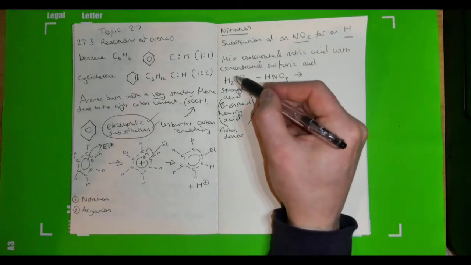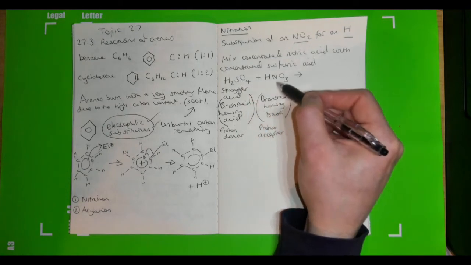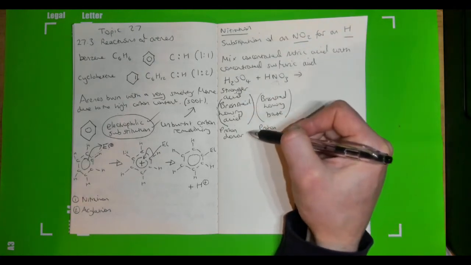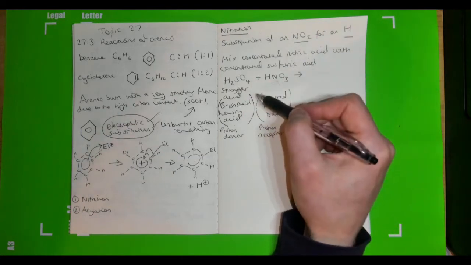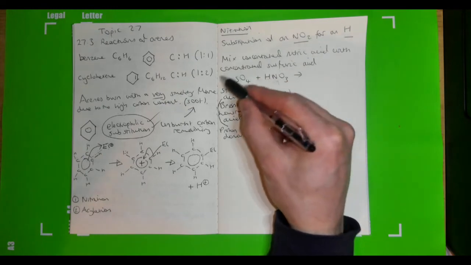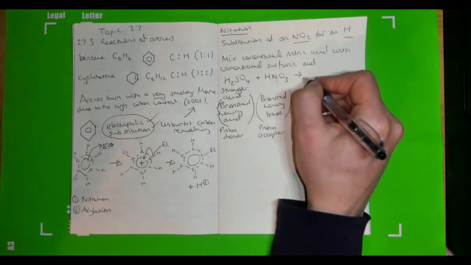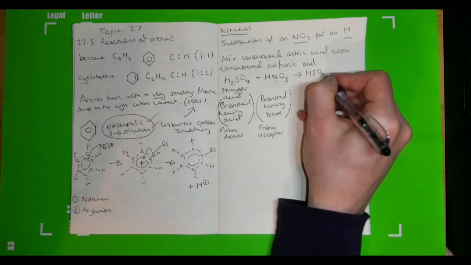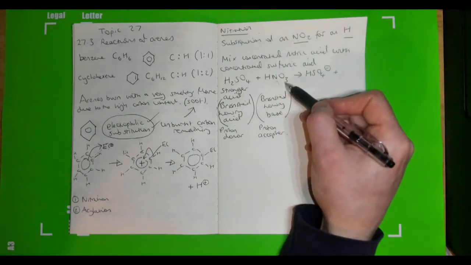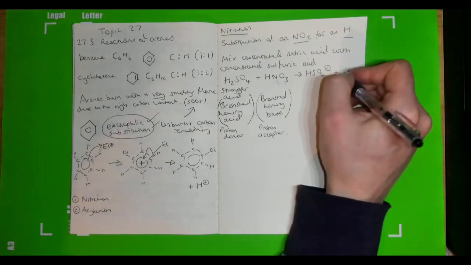It donates a proton from the sulfuric acid to the nitric acid. That's an H+, remember, a proton. If we remove the proton from this formula here, we get this structure. If nitric acid has gained a proton, we get this structure.